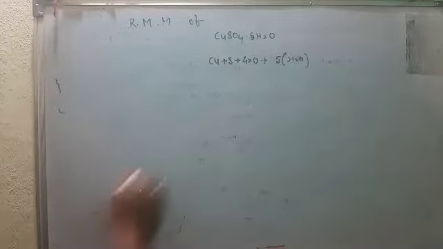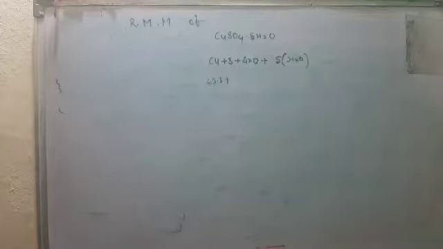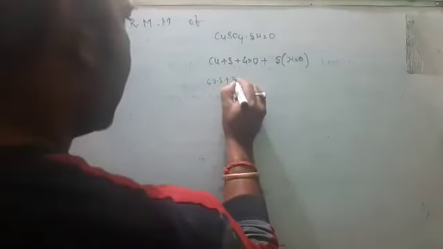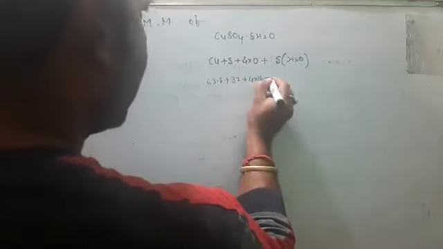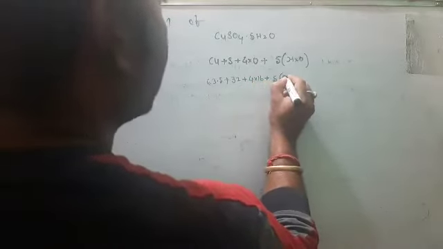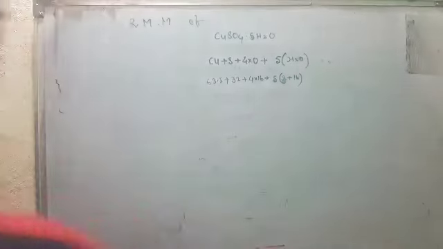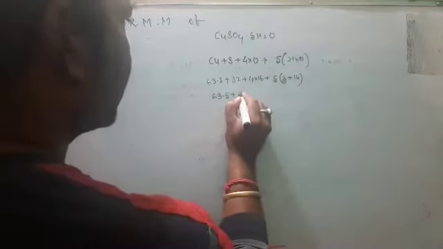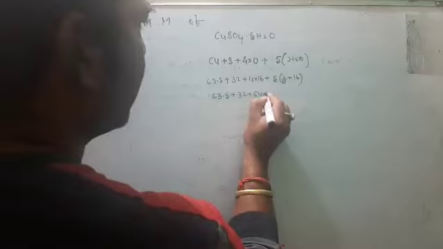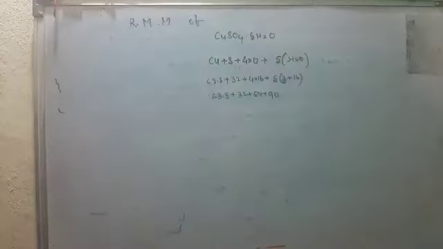So the mass of copper is 63.5, mass of sulfur 32, 4 into oxygen mass, oxygen 16, and 5 into water, where hydrogen is 1 plus 1 is 2, and oxygen 16, so 18. So 63.5 plus 32 plus 64, and 5 into 18 is 90. Clear?